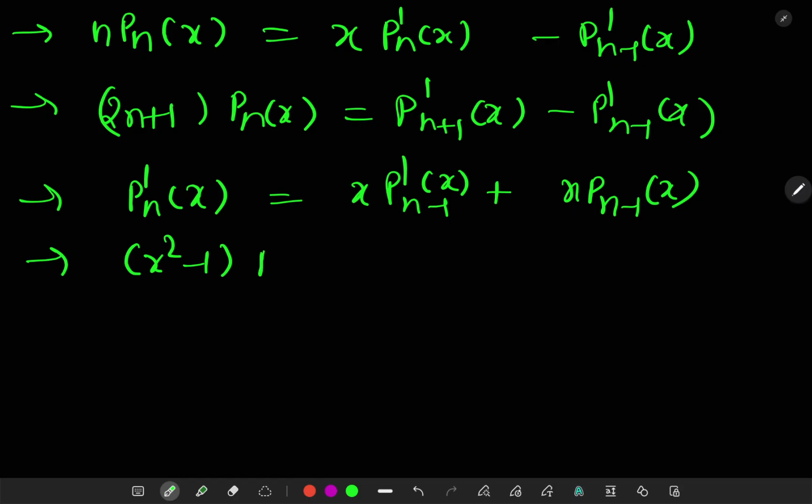There are a total of 6 relations in Legendre polynomial.